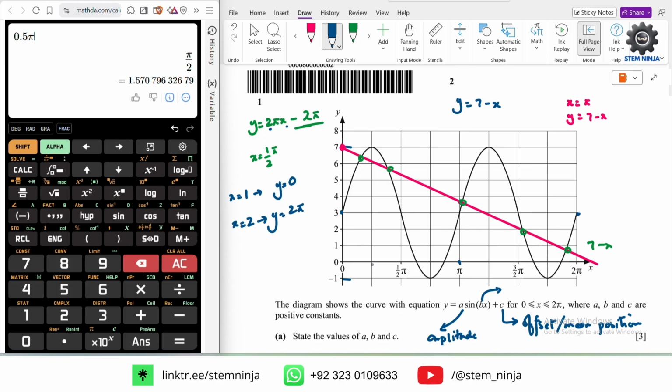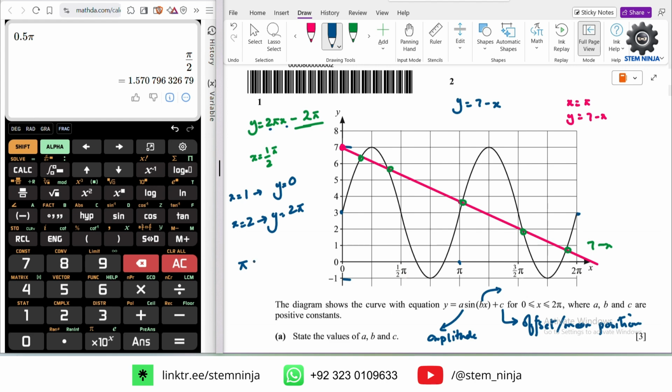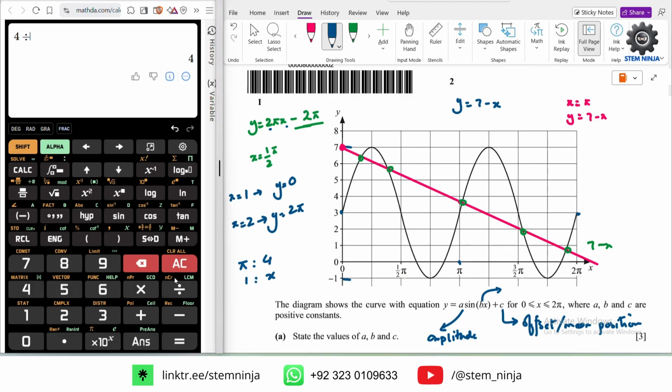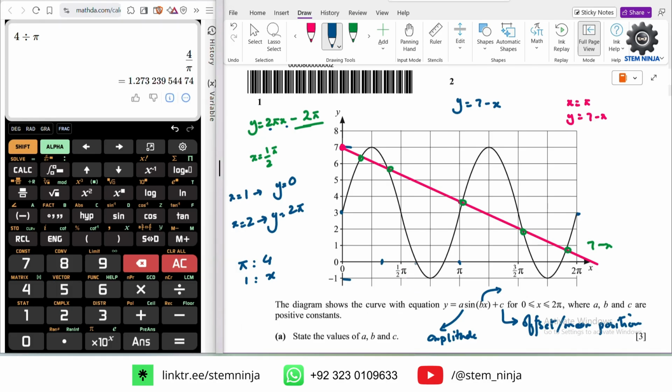If pi is distributed over 4 units, then 1 is 4 over pi, about 1.2, roughly there.